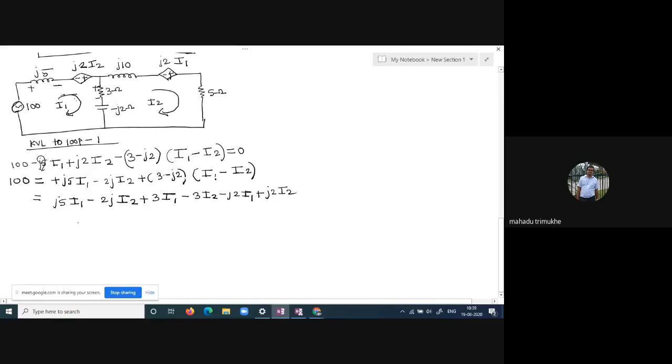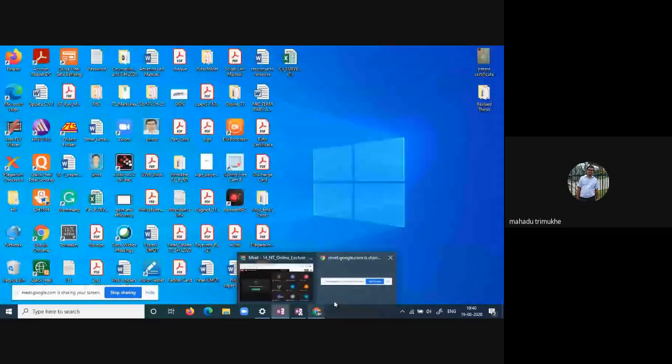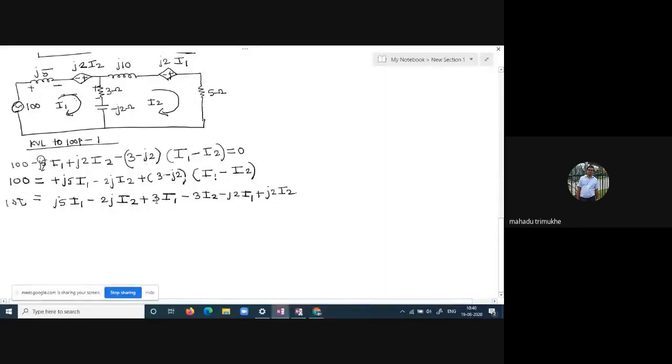So now our aim is what here: 100 there. So see the components of I1 and I2 here. I1 is what here: 3 I1 is there, so we just write 3.